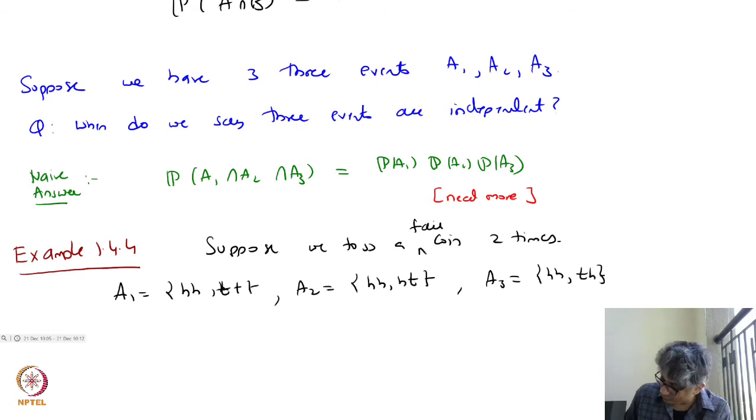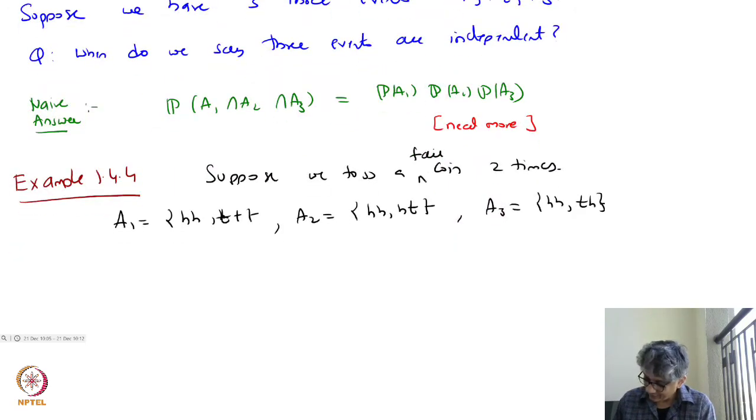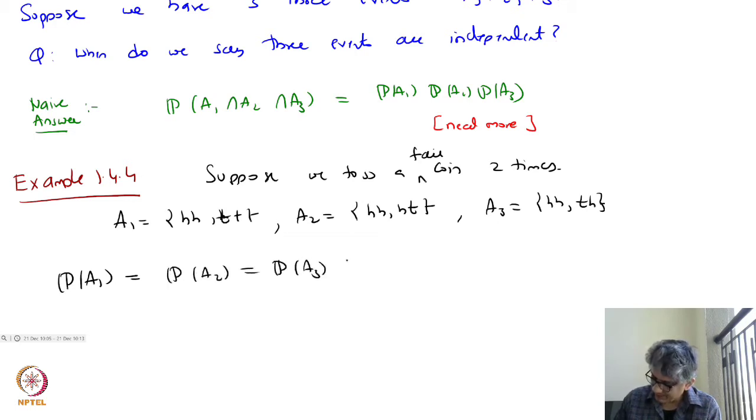Then one can easily see that probability of A1 is equal to probability of A2 is equal to probability of A3. There are 4 possibilities in the sample space, and you have 2 of them, so it's 2 by 4, and that's just a half. So they're all the same.